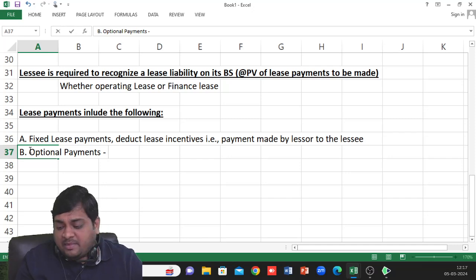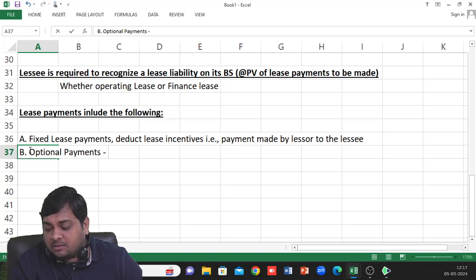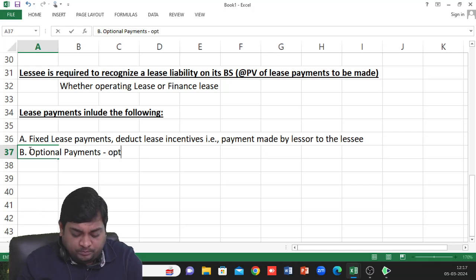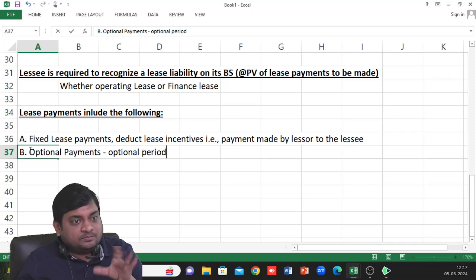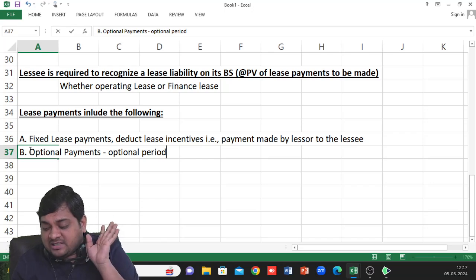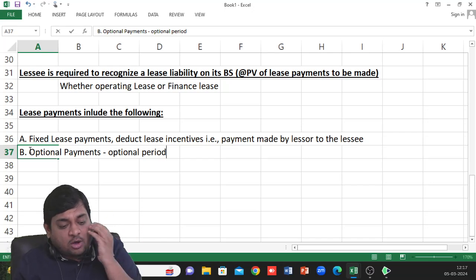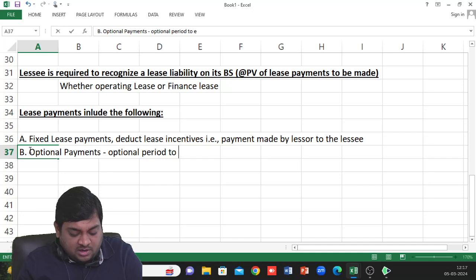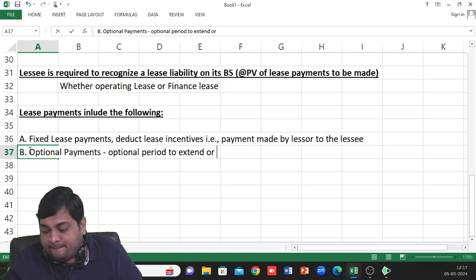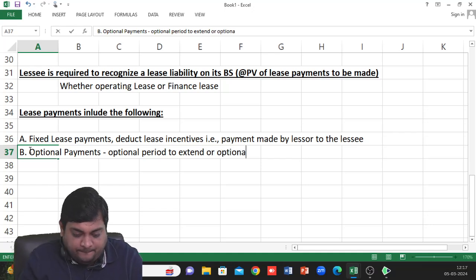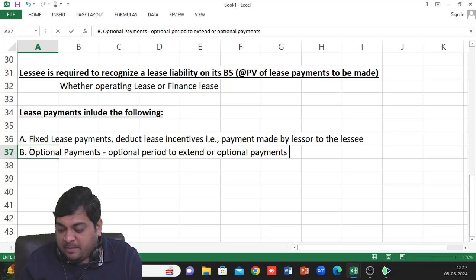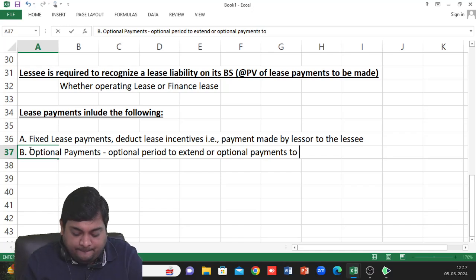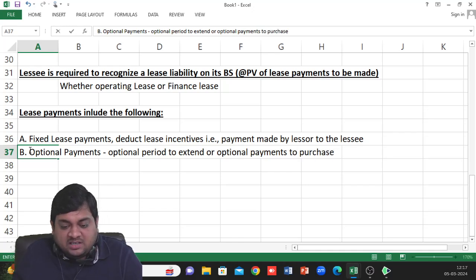So optional payments can be related to the optional period, if the lessee is reasonably certain to exercise the extension option, or optional payments to purchase.